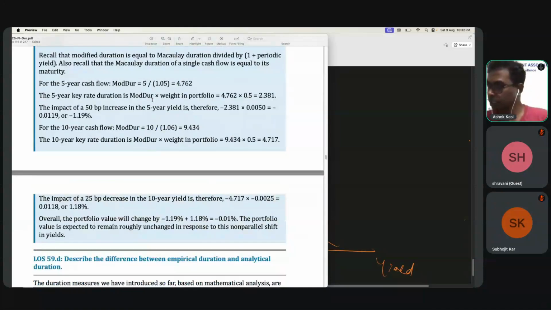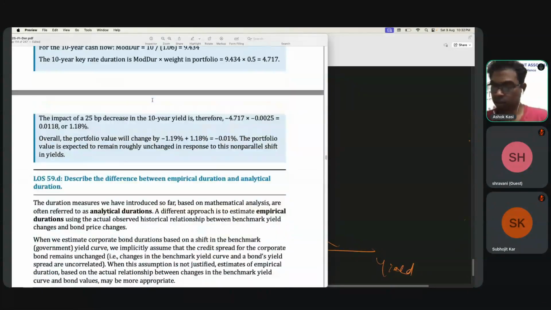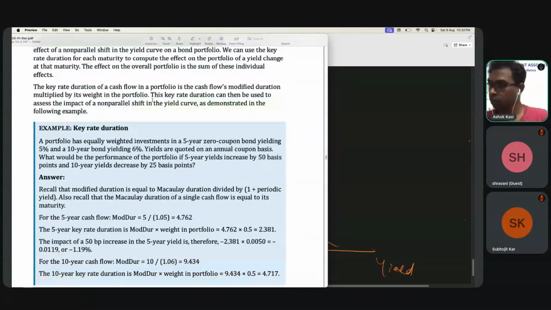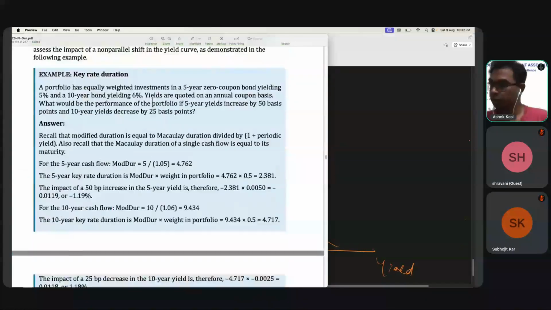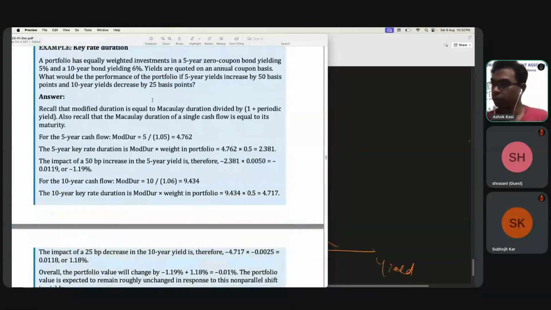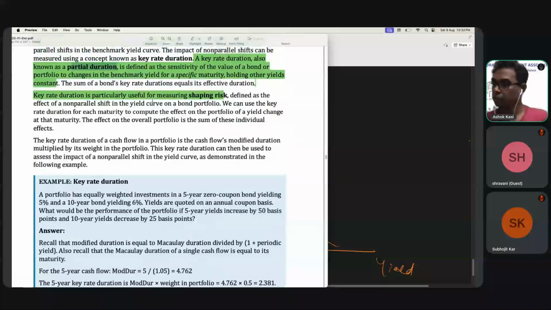How to exactly calculate key rate duration? Just we'll do this sum, then we will do one proper key rate duration sum also. Have you read this part?